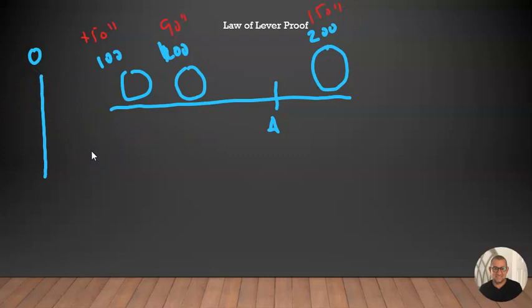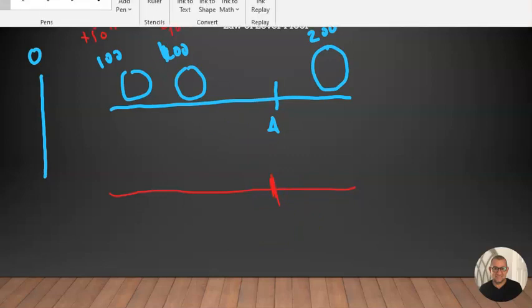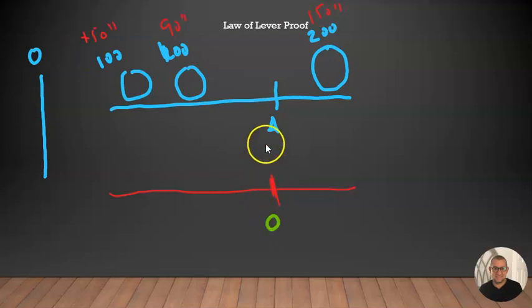Now, I'm going to redraw the seesaw at the bottom here, with the same positions. Let's make our CG the datum, 0. We're not changing the position of the balls. I'm just trying to prove what we just did. We already calculated this CG to be 110 inches.